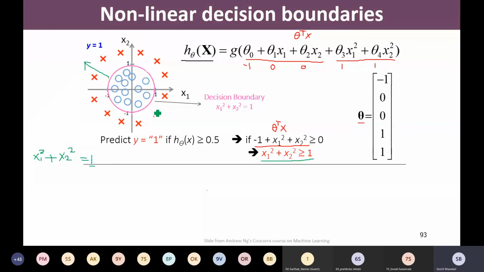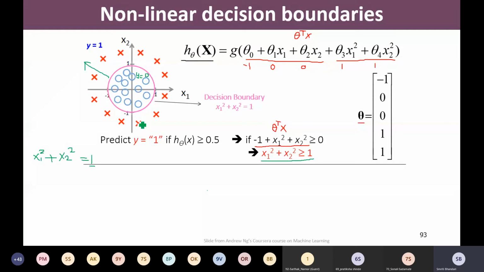So if I have a sample within this circle, then the class is equal to 0. Right? So this is my decision boundary that separates out the samples from two different classes, and this decision boundary is a non-linear decision boundary.